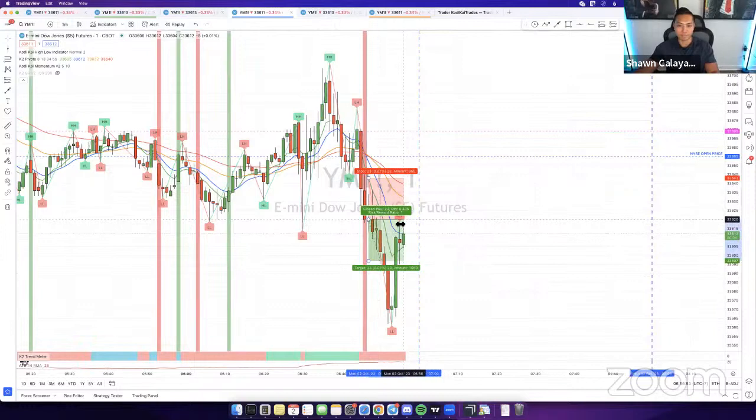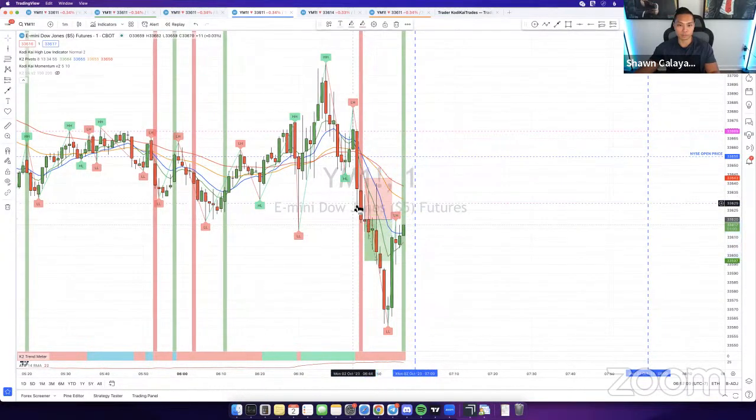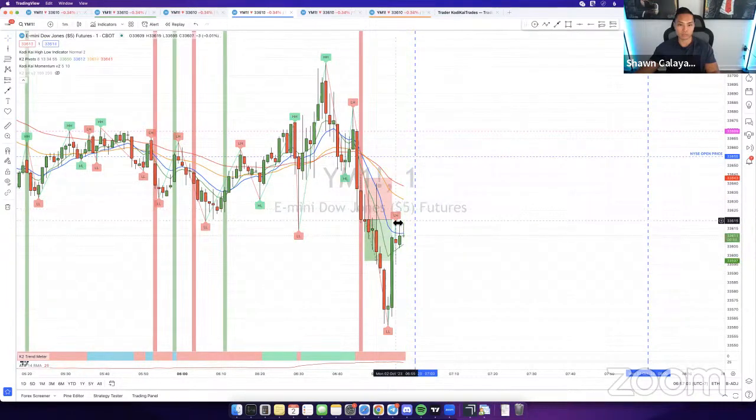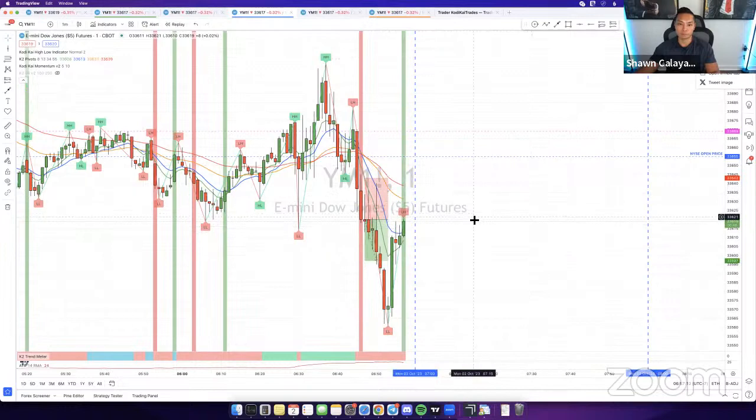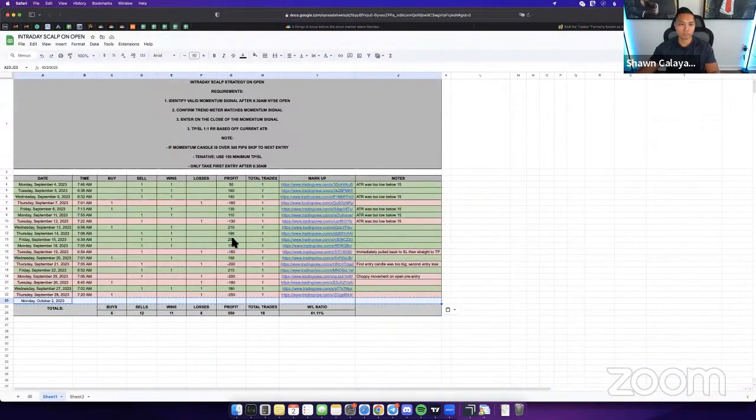But the intraday scalp actually came up right here. I think it was around news time. So I wouldn't have taken it. News happened right here at 6:45. I think that's why I wasn't paying attention to that trade. But this was the intraday scalp, so I'll document this as well. This was a 23 move, 23 points. So this here was for the intraday scalp.